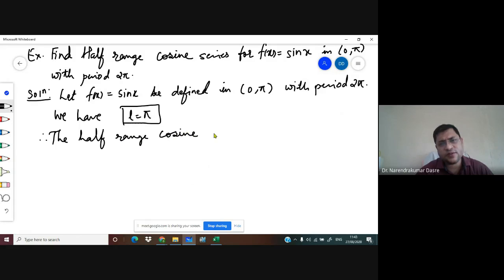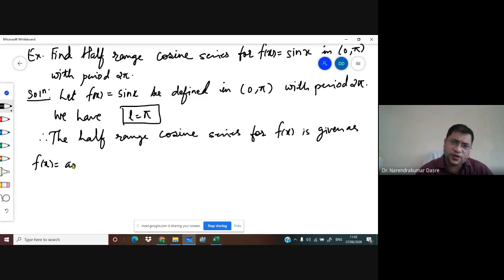cosine series for f of x is given as f of x is equal to a0 plus summation n running from 1 to infinity of an cos of nx.